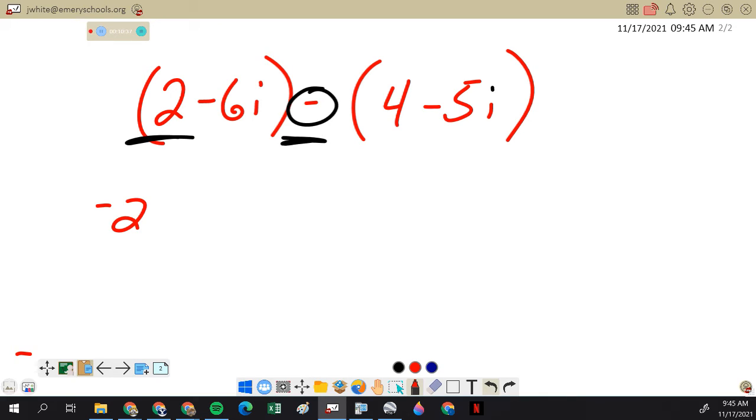And then negative 6 minus negative 5 is the same as plus 5, so negative 1i. I don't need the 1, I can just put i. Okay? You guys understand that?